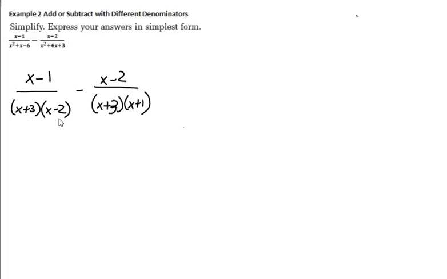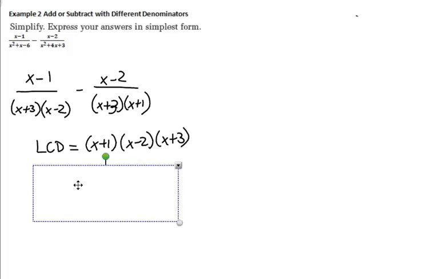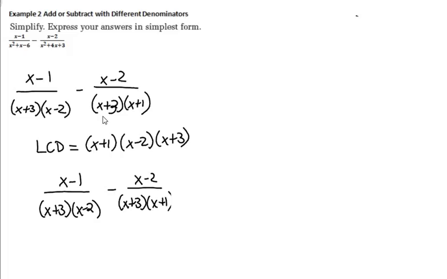But this x minus 2 and x plus 1 are not common. So our common denominator when we put them all together is x plus 1, x minus 2, and x plus 3. So now what we need to do is take this original factored expression and multiply it by a term that is going to give us a common denominator.